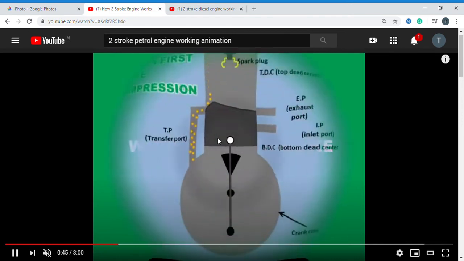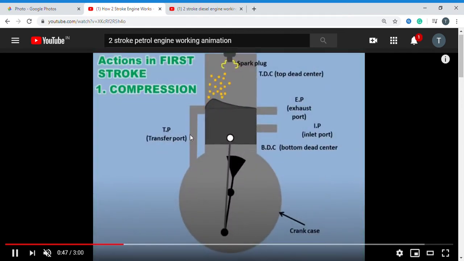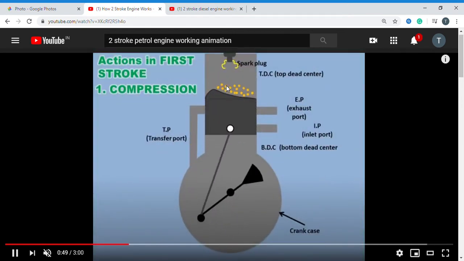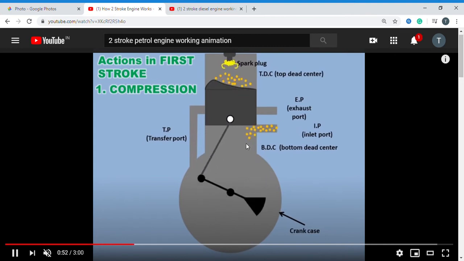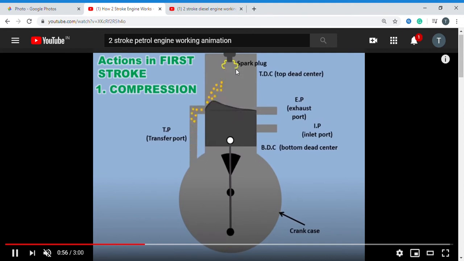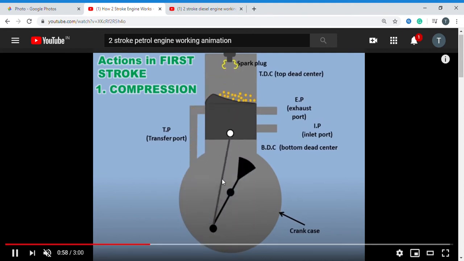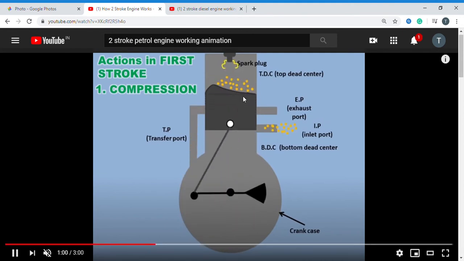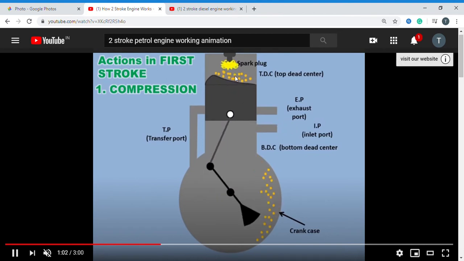Now, working of the two-stroke petrol engine. You can observe here, the air and fuel mixture enters the engine cylinder. The piston moves from BDC to TDC, the air and fuel mixture enters, and here the air and fuel mixture compression takes place.